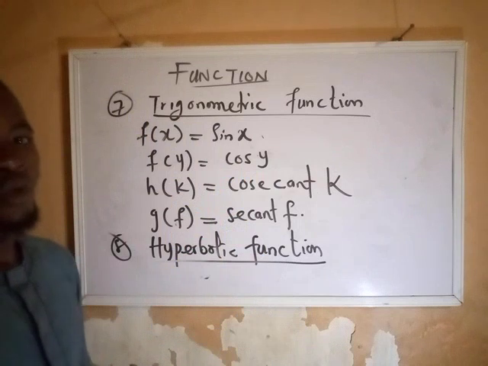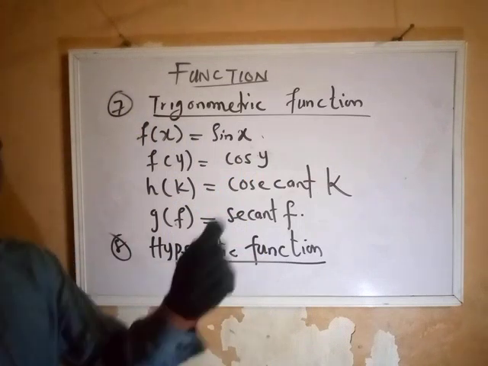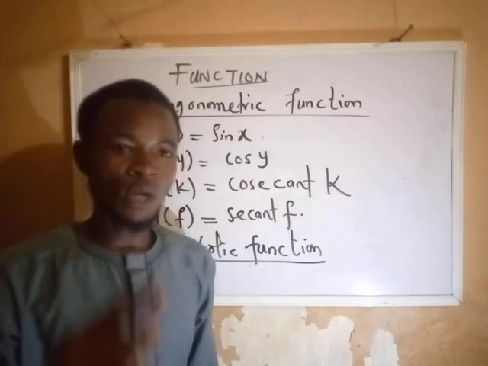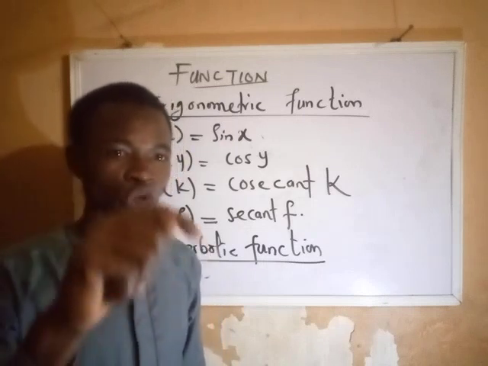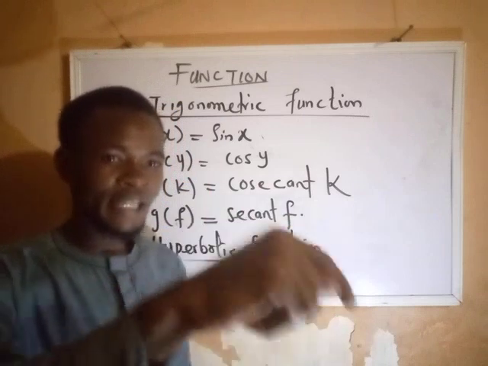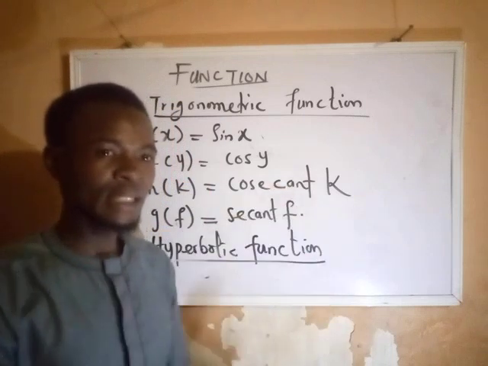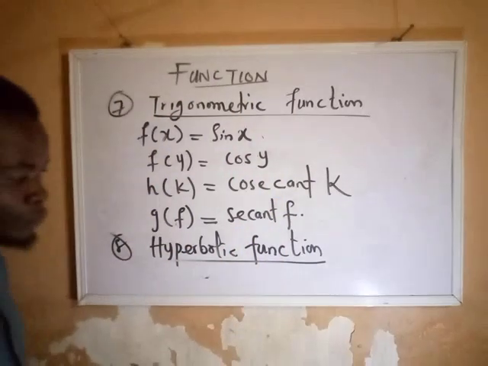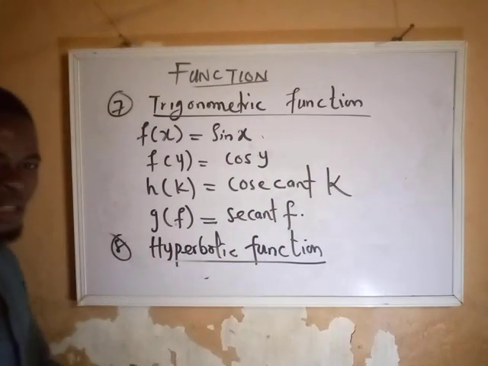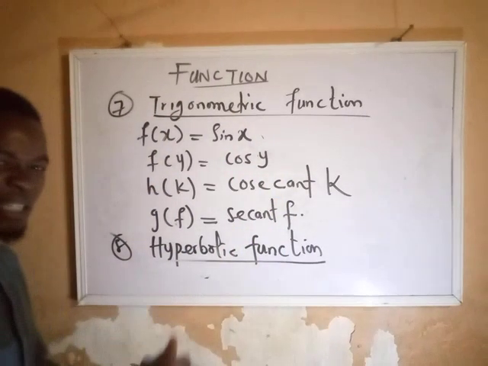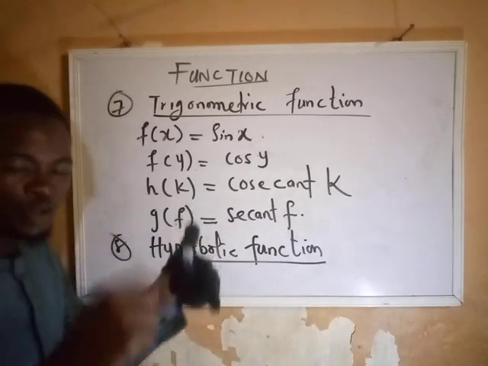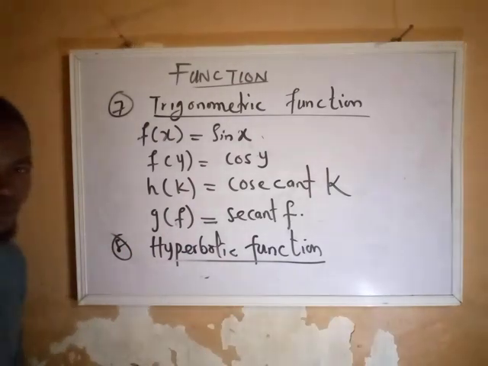How are you going to know that alphabet? The alphabet is always represented as h. As far as you have h attached to a particular variable that we defined on a function, we call that one hyperbolic. They are just like trigonometry-related functions, but the only difference is they will have a special character attached to that particular function.